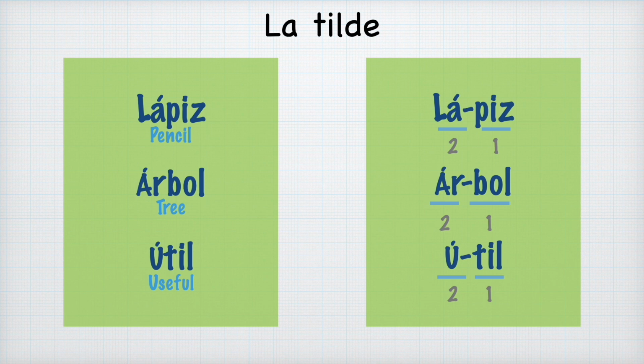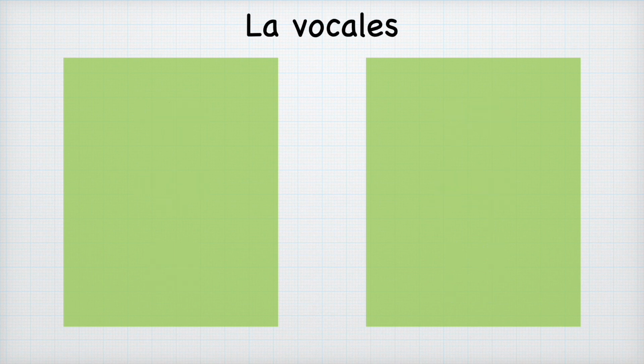The accent will help you know how to pronounce the words when reading them. And if you listen to them, the spoken stress will let you know where the accent should go so you write them correctly. I want to talk about vowel combinations. The class that I have on the channel about syllables explains how the letters A, E, O are considered strong vowels and I and U are considered weak vowels.